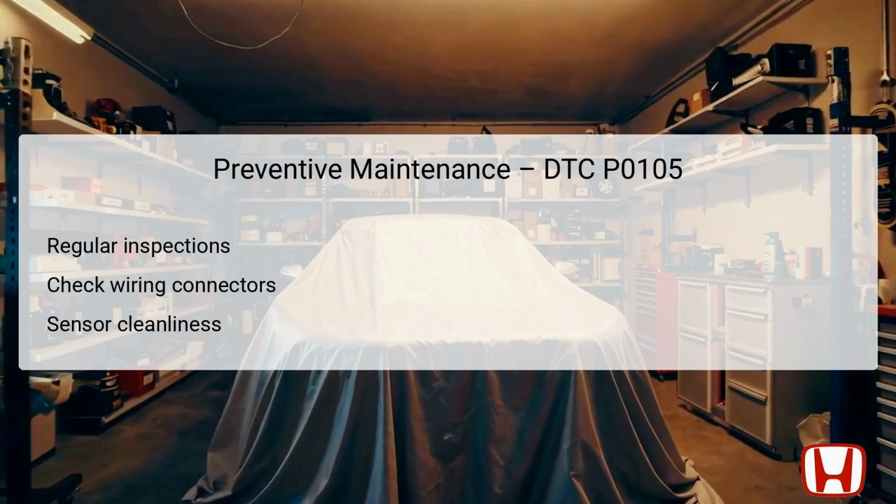Checking wiring connectors for corrosion or damage can also reduce the risk of connectivity failures. Additionally, maintaining the cleanliness of the MAP sensor is important, as contaminants can affect its performance and readings. By adopting a proactive approach in checking these components, you can uphold the reliability and performance of your Honda Civic.